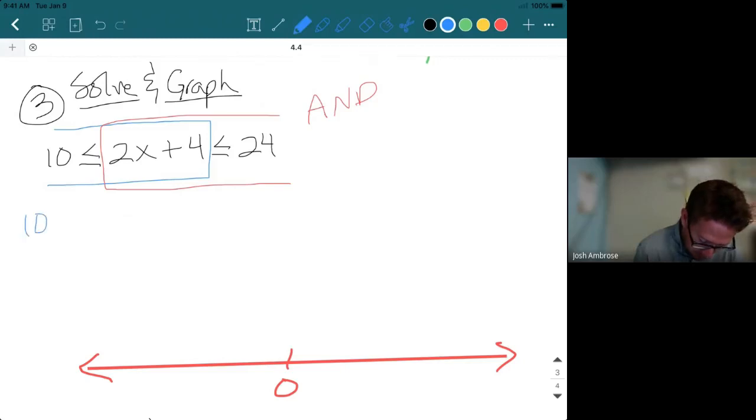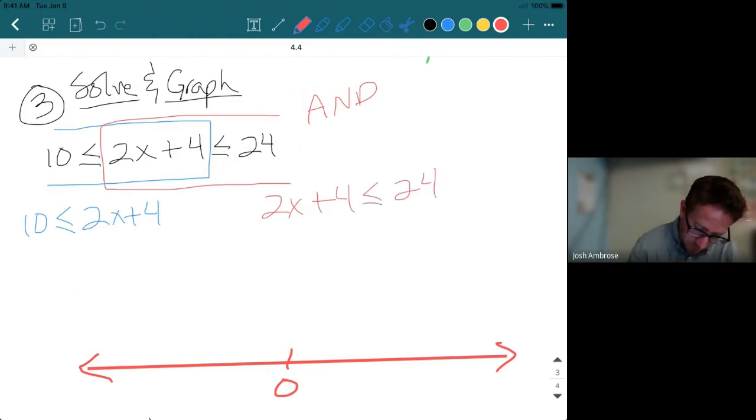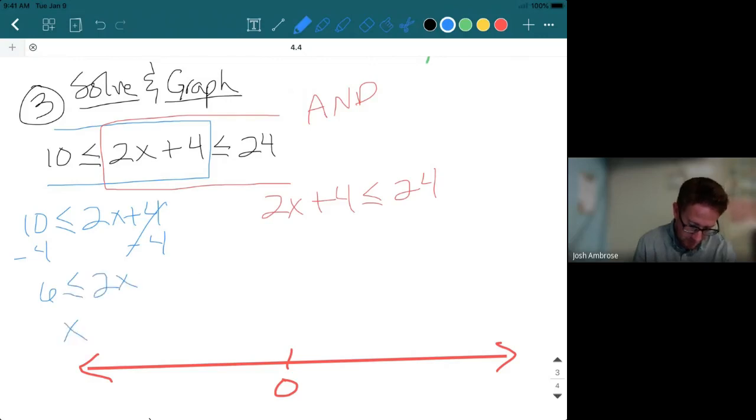Okay, so now let's write each part. We have a 10 less than or equal to 2x plus 4. And on the other side, we have a 2x plus 4 less than or equal to 24. All right, let's solve each part. Subtract 4, subtract 4, 6 less than or equal to 2x, x.